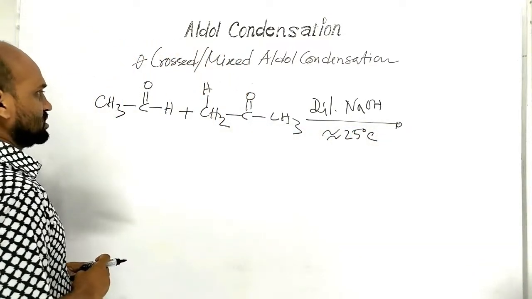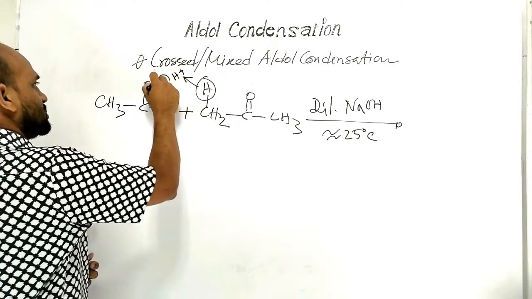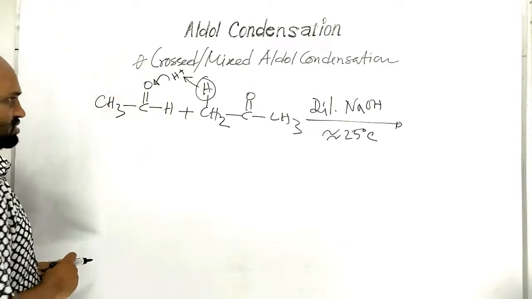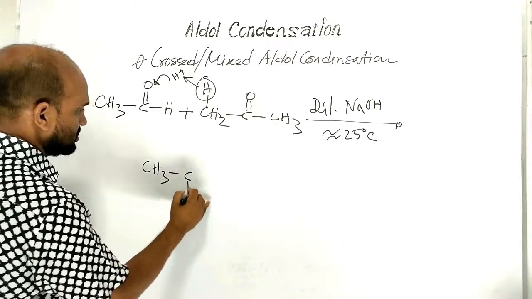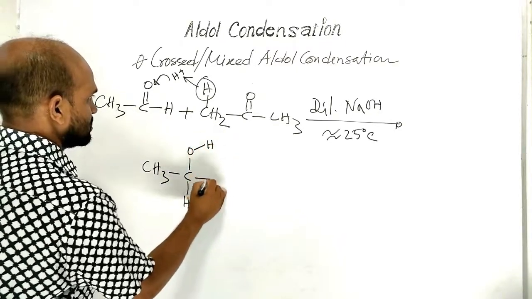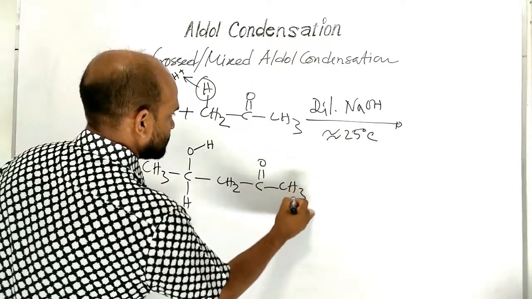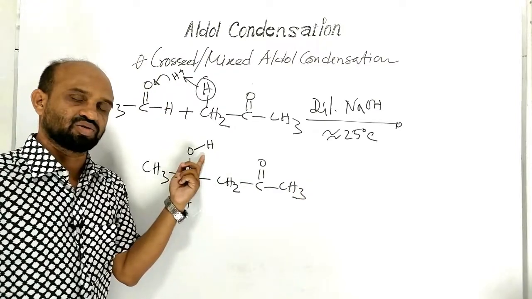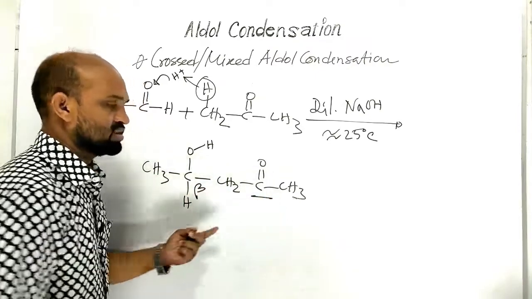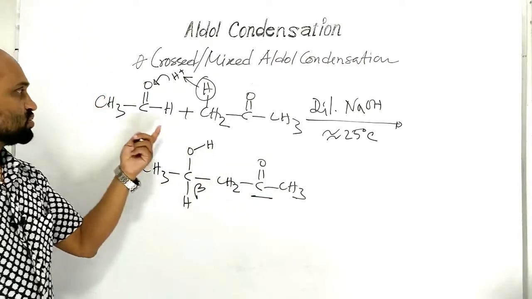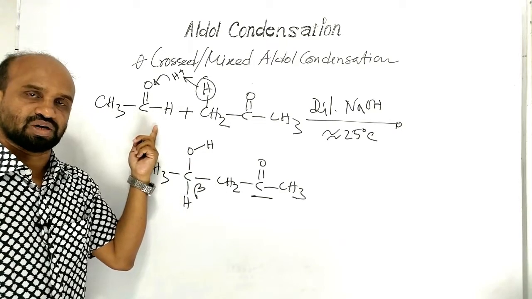Then this hydrogen is freed as a proton that combines with this oxygen. Then we get CH3, CH, here OH, here this is CH2, O, CH3, that is beta hydroxy ketone. This is the hydroxyl group, beta hydroxy ketone. This is formed from two different kinds of aliphatic carbonyl compounds.